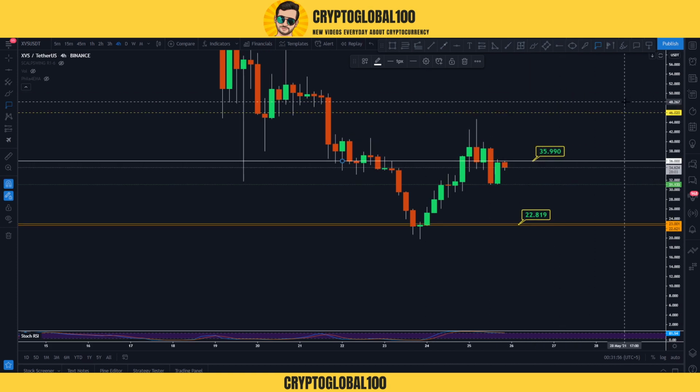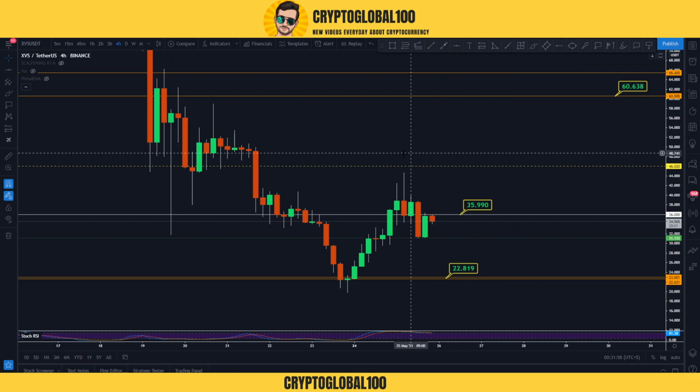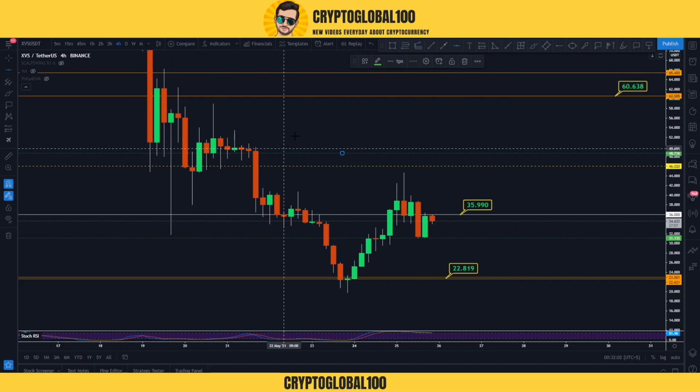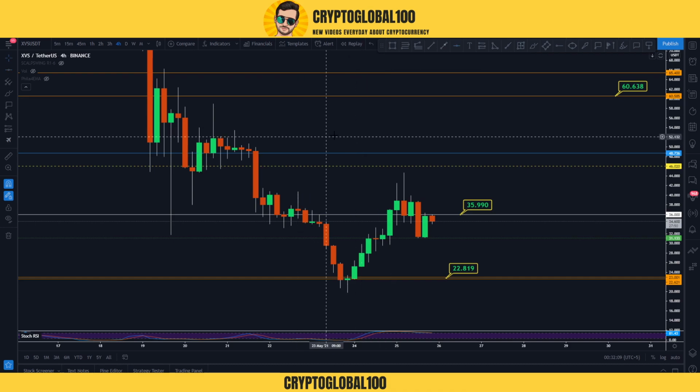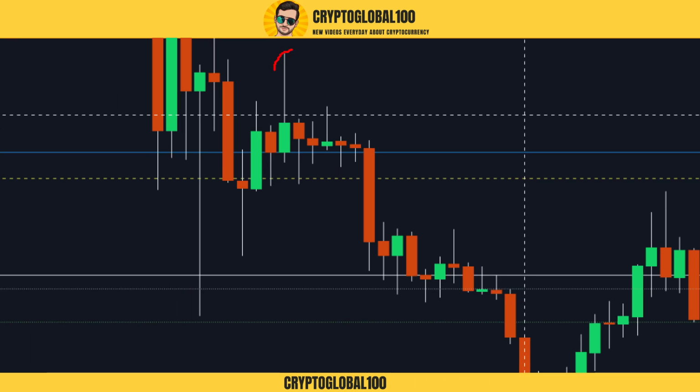But if the candle closes above this area, which would be $36 here, then we can have a next move. Let me show you guys here, this could be a good swing. Yeah, this one is very perfect here. Let me make it lined and make it white or blue. You see here, this is the swing high candle, and we see down wicks 2, 3, 4.